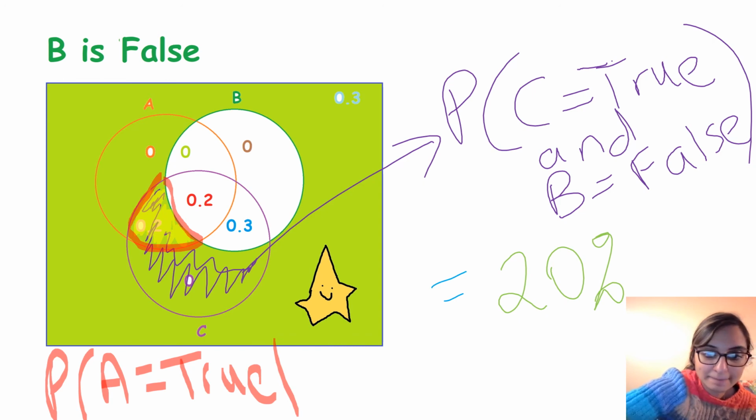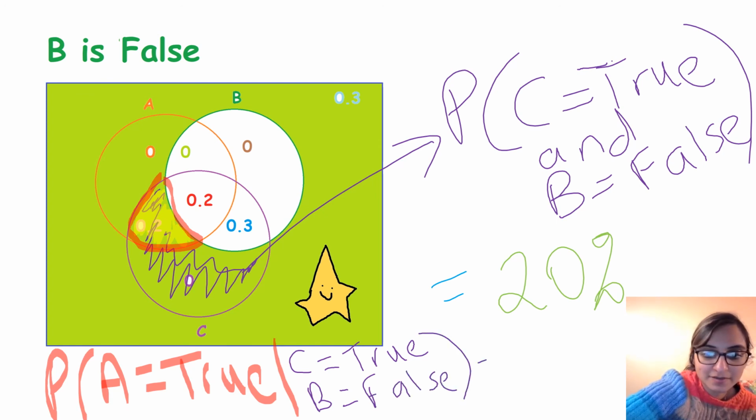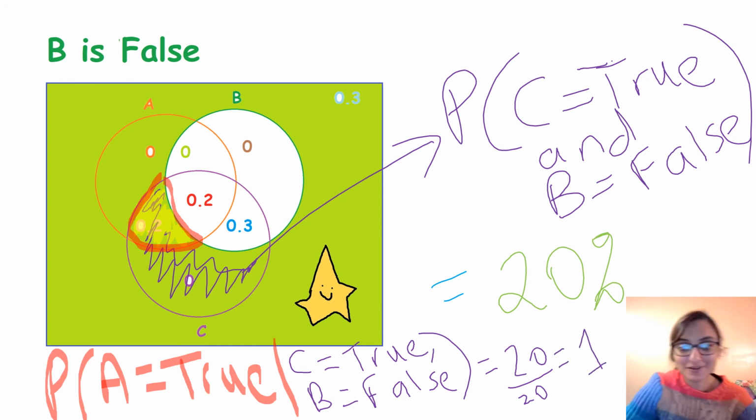given that C is true and B is false, that's just going to be equal to 100%, 20 over 20. So that's for sure going to happen.